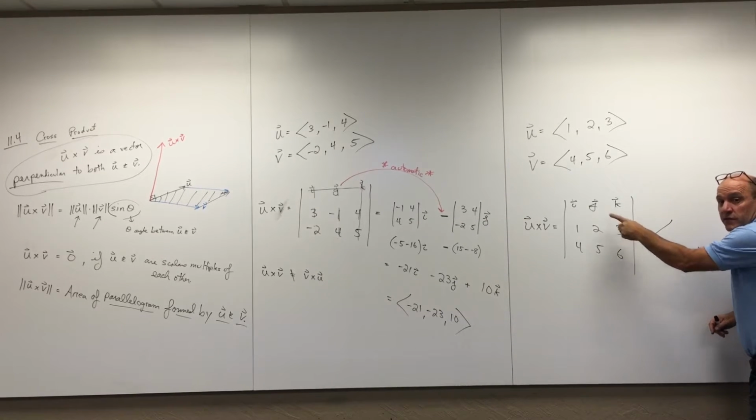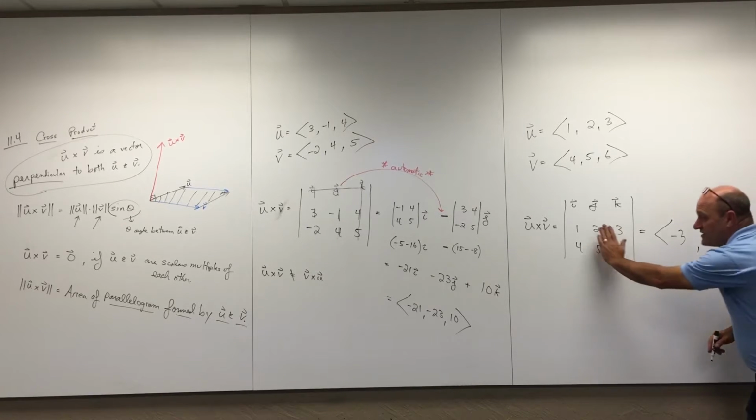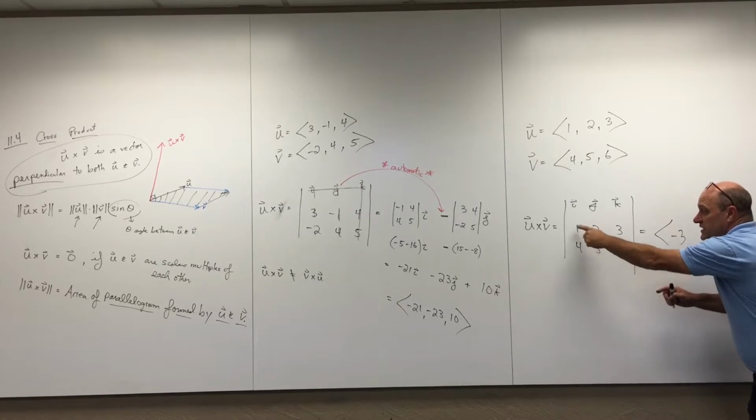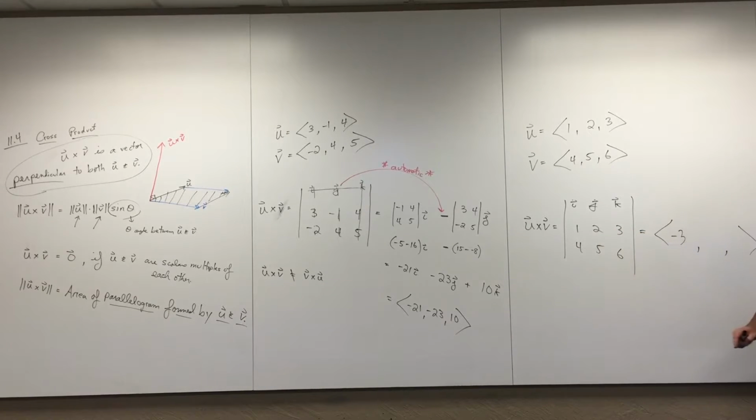Right, you guys? 12 minus 15 is -3. That's it. The next one is J. I'm crossing out his column, so I'm doing 6 minus 12. 6 minus 12 is -6. Don't forget the automatic negative sign, which makes it +6.